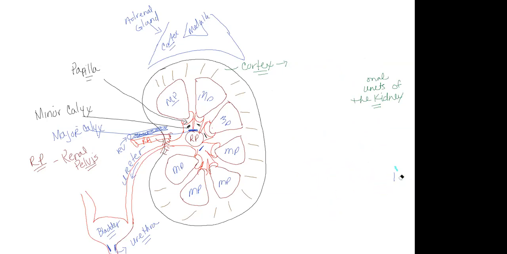So when we talk about the kidney, we talk about the kidney getting rid of waste. And we usually think about that waste leaving the body through urine. So think about urine for a second. Urine is made through a 3-step process. We need to have filtration. We need to have reabsorption.